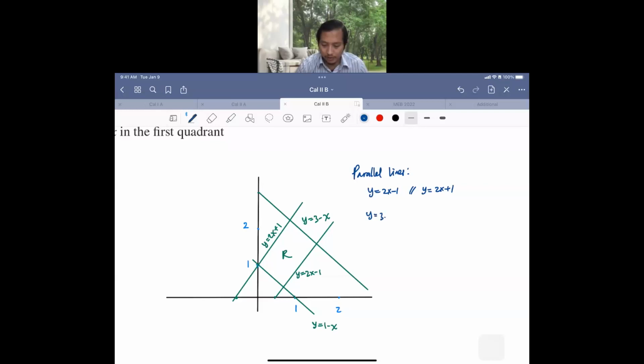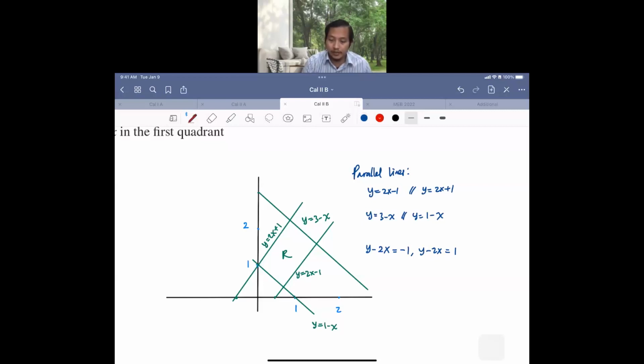Also y equals 3 minus x is parallel to y equals 1 minus x. The first pair that we can write is y minus 2x equals negative 1 and y minus 2x equals 1.